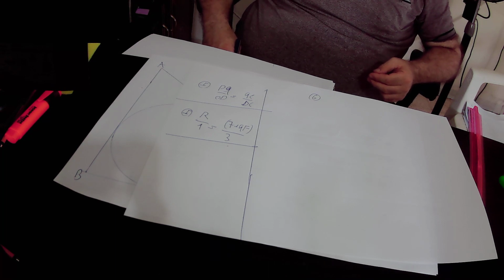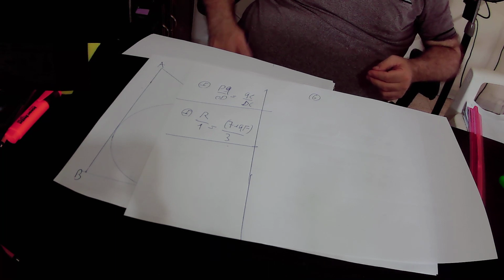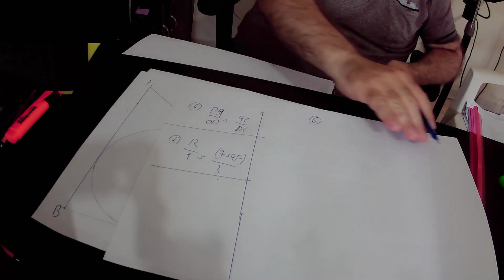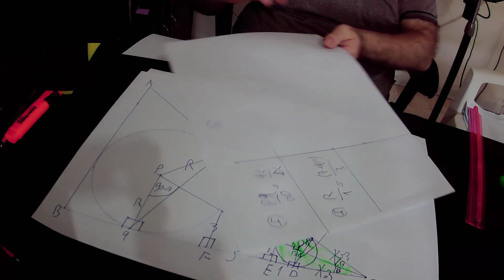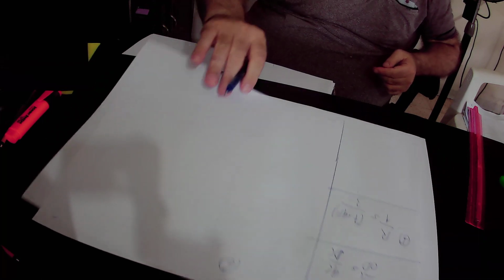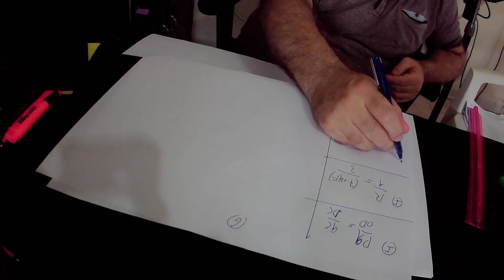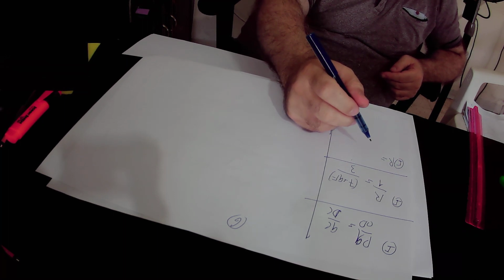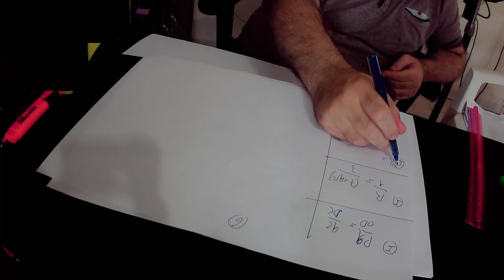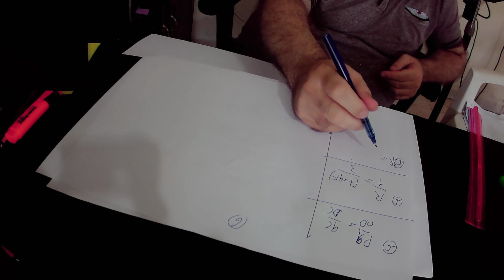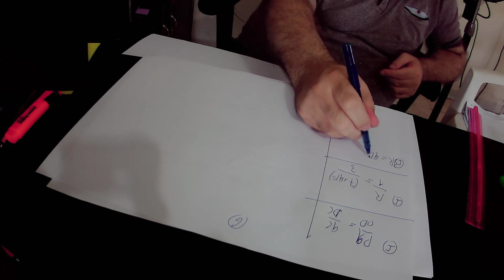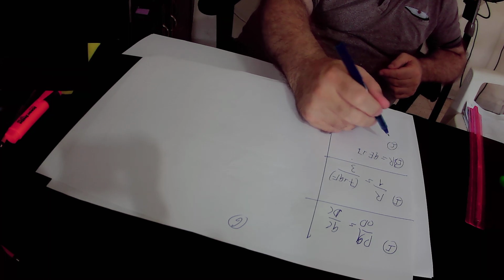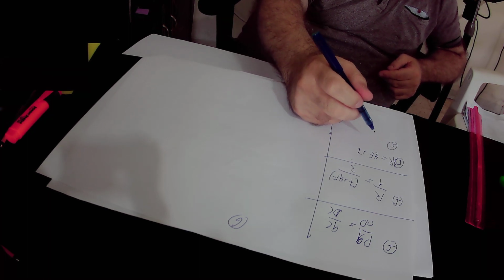So here we will multiply this equation number 1 by 3, and we will get that 3R equals QF plus 7. I write it again: 3R equals QF plus 7.